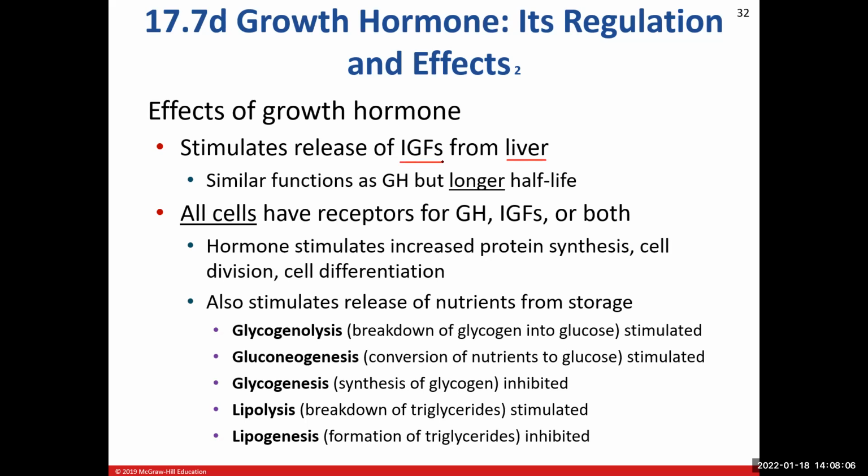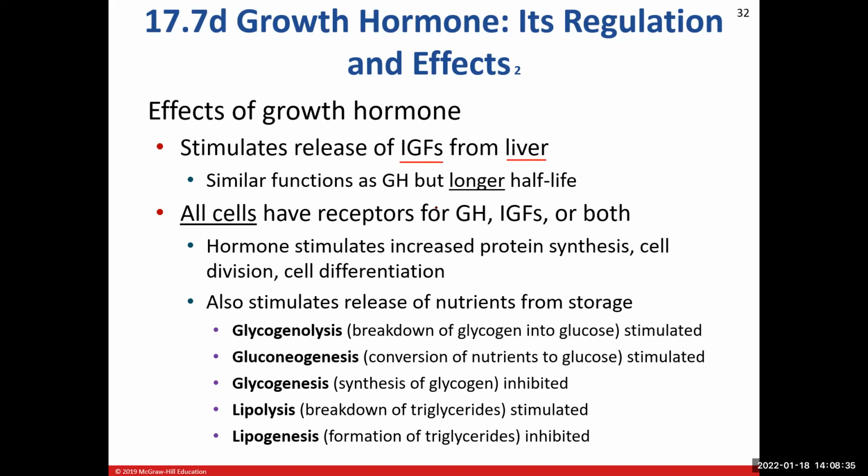And so those are similar to growth hormone. The nice thing is that they have a longer half-life. So growth hormone and IGFs are synergistic to one another. So all the cells in your body will have receptors for growth hormone, IGFs, or both: individually growth hormone, individually insulin-like growth factors, and then of course, receptors for both.